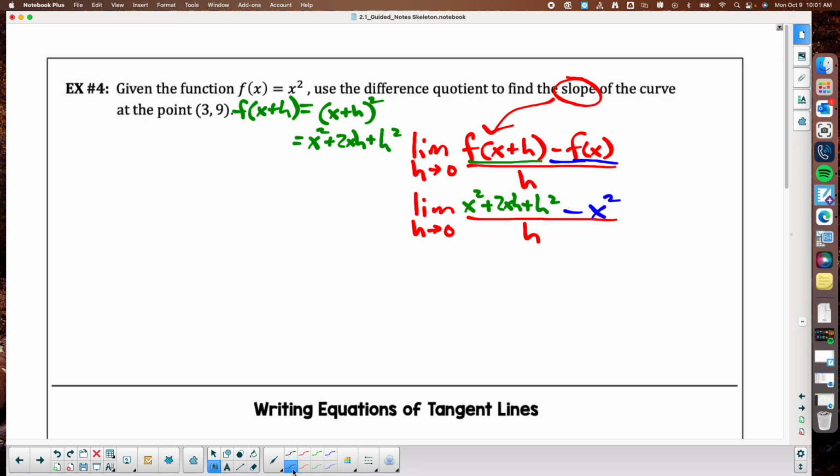On all of these problems, if they are done correctly, automatically the terms that don't have an h will cancel out: x squared minus x squared. And the only terms that are left have an h in them. That's actually the whole reason we're able to solve these.